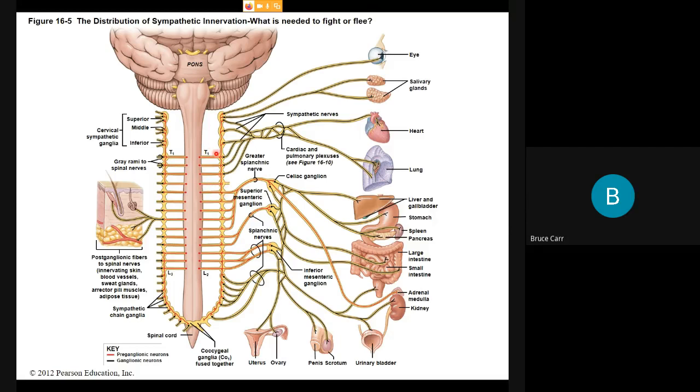Above the T1, there are so-called cervical ganglia that don't connect in at this level, but basically connect back down through this pathway to T1 and T2 and so forth. Also down below, the L2 has an extension of chain ganglia that run all the way down to the coccygeal ganglion, the CO1. These are fused together down here, but they still represent an autonomic and sympathetic pathway.